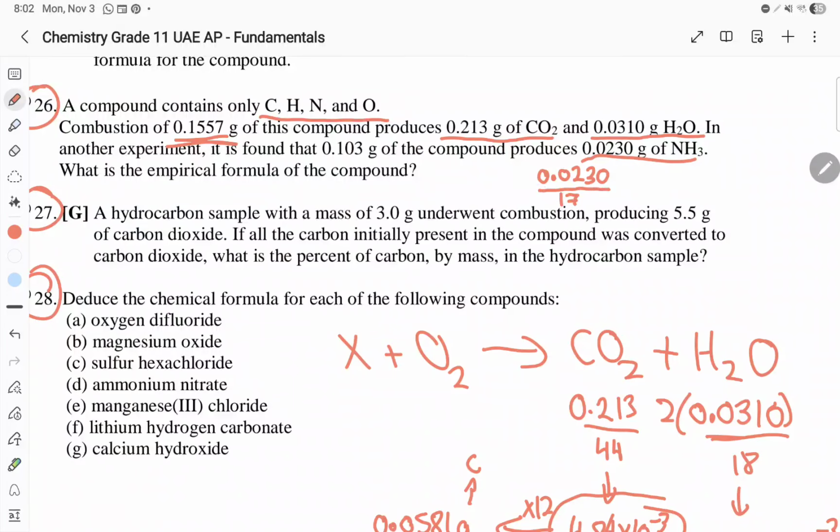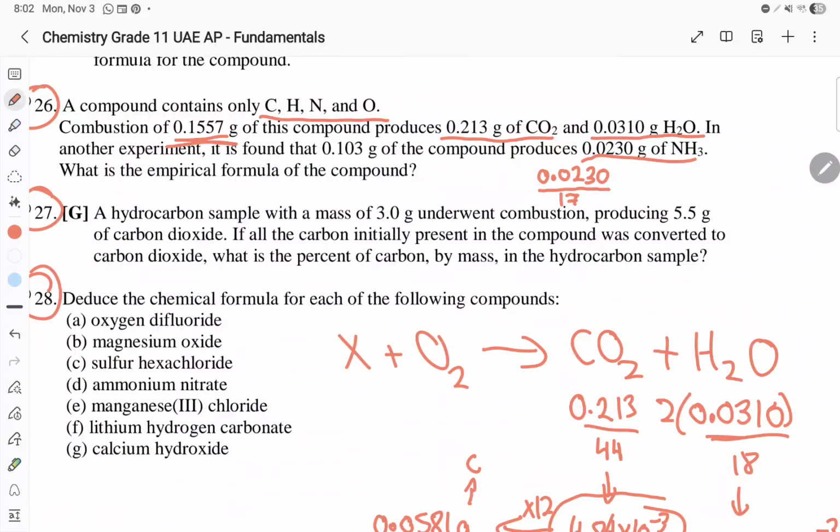Then you multiply this by the mass of nitrogen, 14, and you get 0.0189, again divided by the total, which this time isn't 0.157, it's 0.103 because this is a different reaction. You're going to get that it is 18.4%.